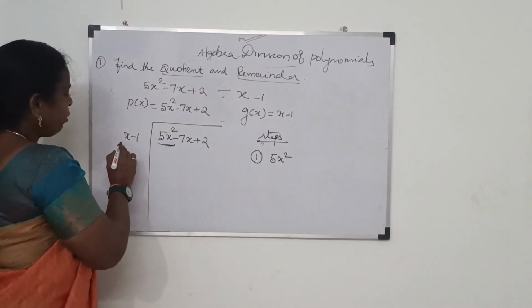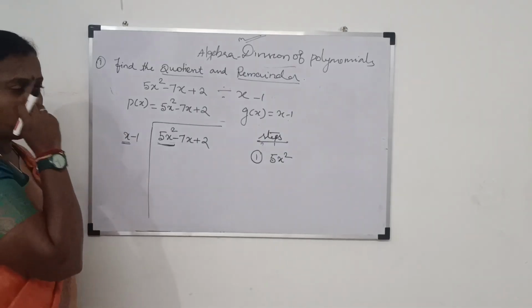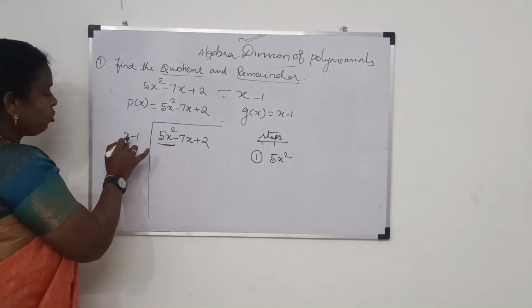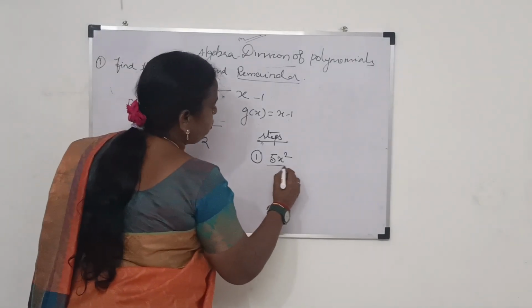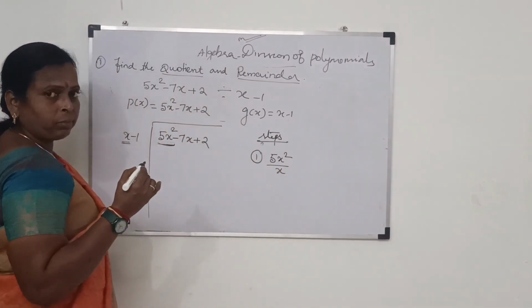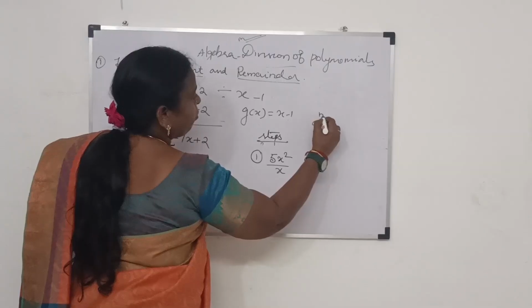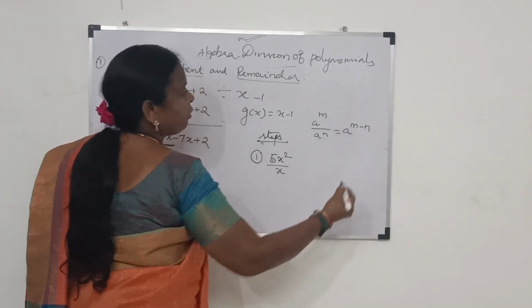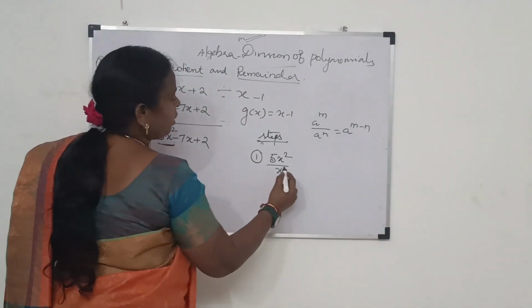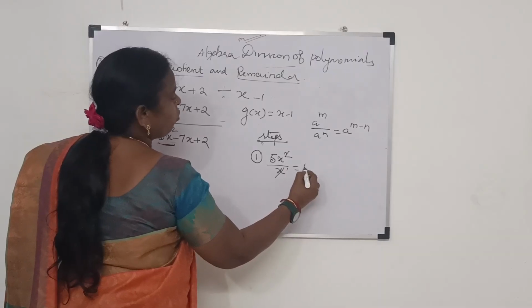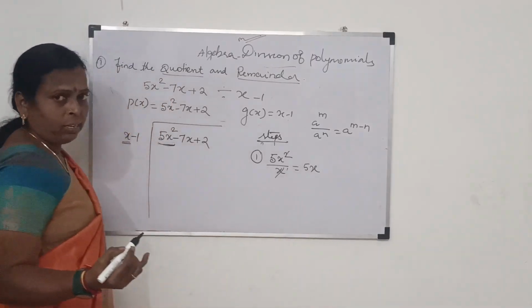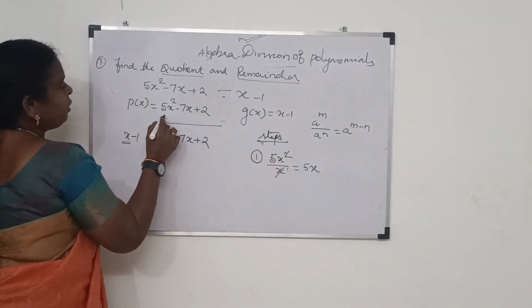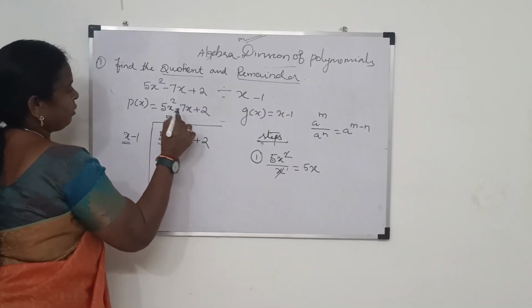It should be divided by the first term of the divisor, a single term, so by x. Already I told you, a power m divided by a power n is equal to a power m minus n. So this can be cancelled and you get 5x. This is the first term of your quotient, so that should be written here, 5x.